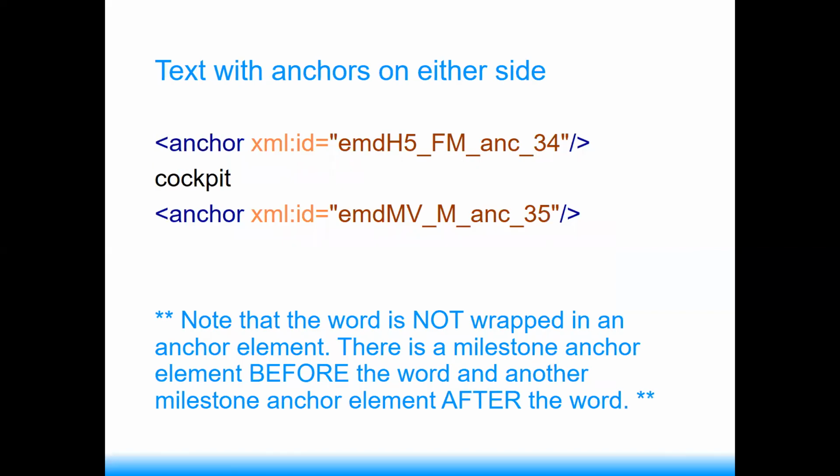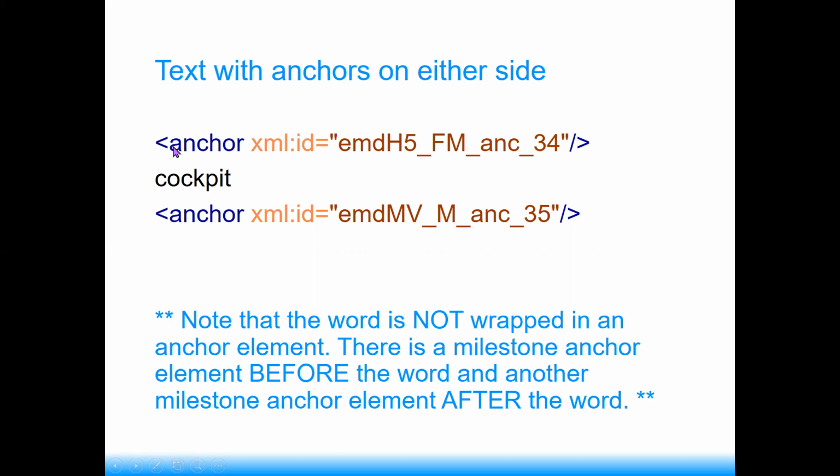Here's an example of text with an anchor on either side. So here is the word cockpit from the opening chorus of Henry V in James Murdoch's edition. And you can see that there's an anchor element on each side of that word.